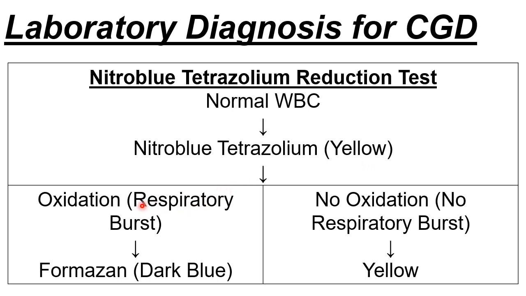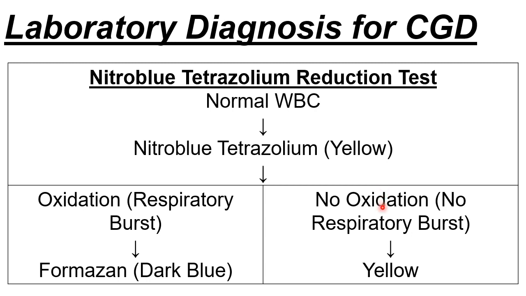Kapag normal yung ating WBC activities, magkakaroon ng respiratory burst, magkakaroon ng reaction of your nitroblue tetrazolium with superoxide and your ROS, forming your formazan compound. And formazan compound will convert the yellow color into dark blue color.